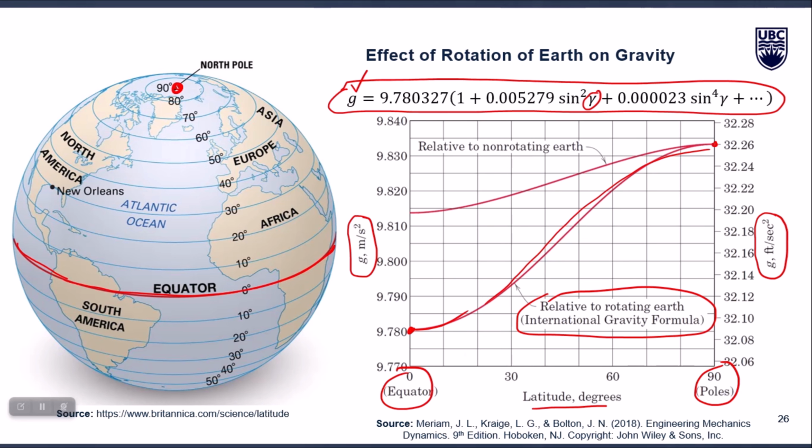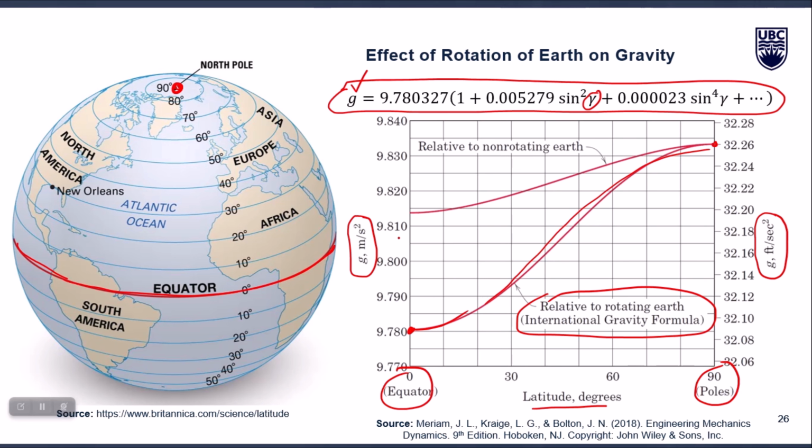The difference, if you quantify it, is very small. It is less than 1%, or even less than 0.5%. But there is a correction you need to apply to the small g if you want to account for the rotation of Earth.